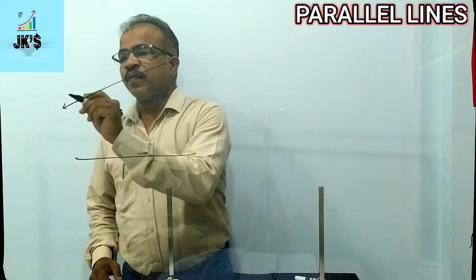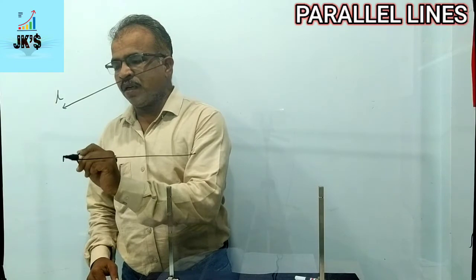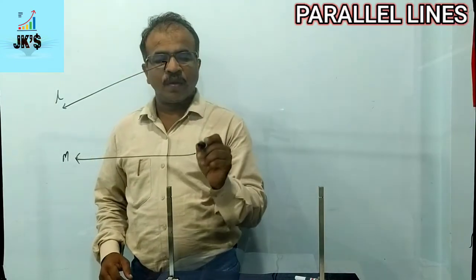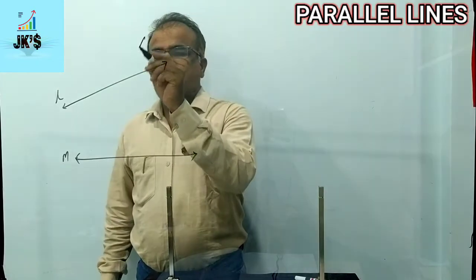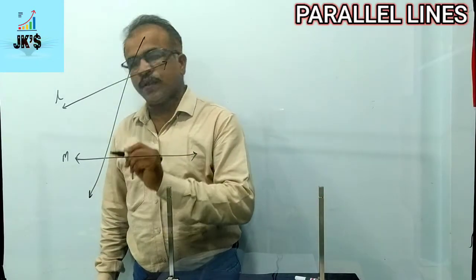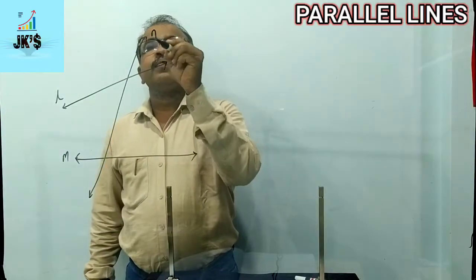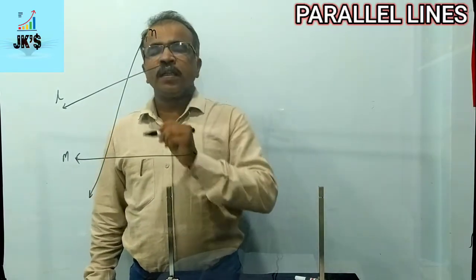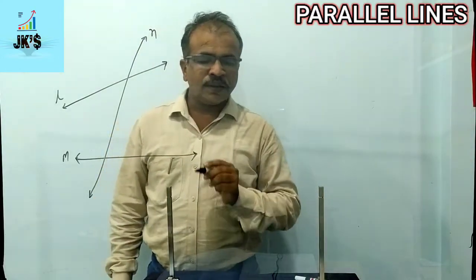Suppose this is line L and this is another line M, and suppose this is a transversal N. This transversal makes 4 angles.